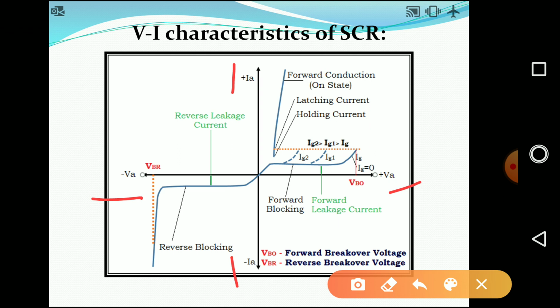In the VI characteristics, we can observe that as the anode to cathode voltage increases, the anode current goes on increasing. This is the characteristic which gives the relation between voltage and current.